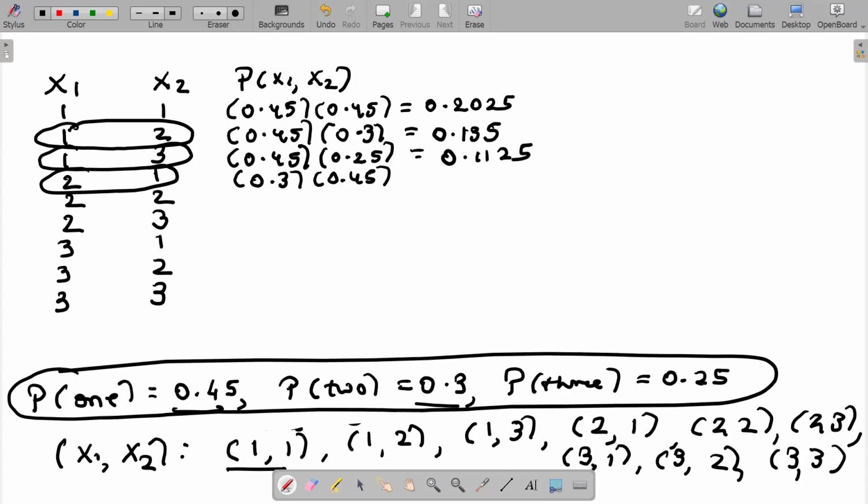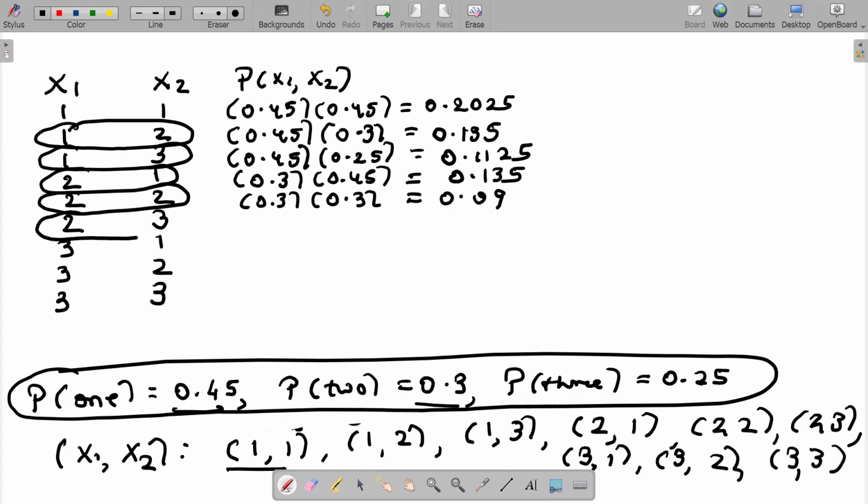So 0.3 into 0.45 gives me how much? 0.135 again. 2, 2 means 0.3 into 0.3, which is 0.09. 2, 3 gives me, so 0.3 times 0.25 gives me how much? 0.075.